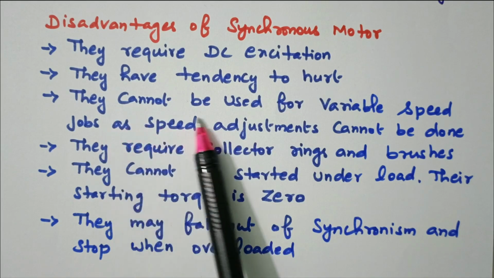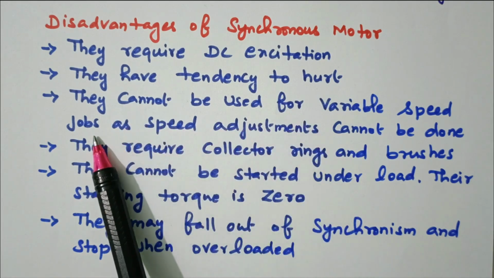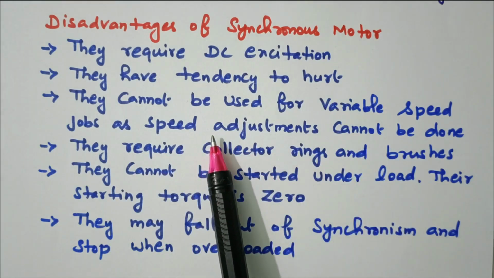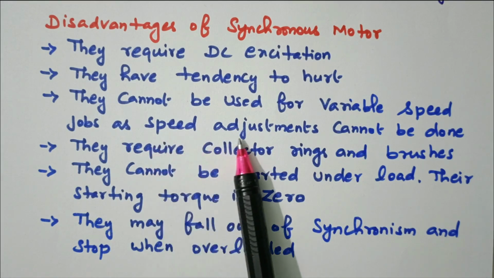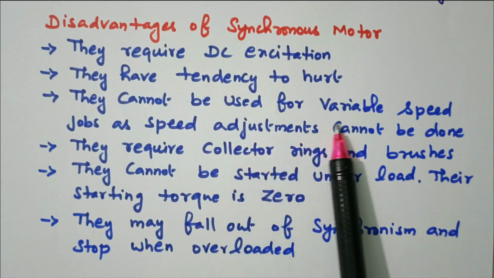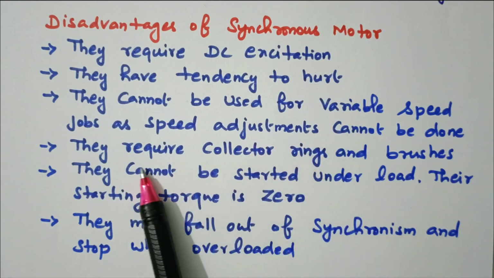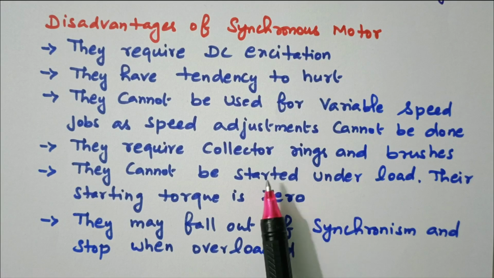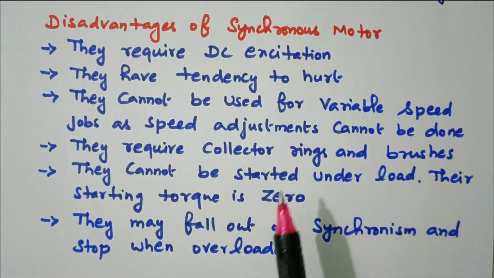So they cannot be used for variable speed jobs, as speed adjustment cannot be done. The main advantage of synchronous motor is constant speed. In some applications, if you need a variable speed, then we cannot use this motor. They require collector rings and brushes. Because of excitation, we need collector rings and brushes.